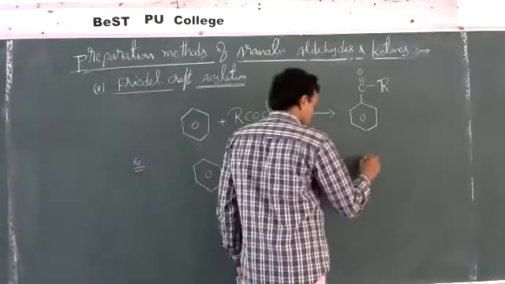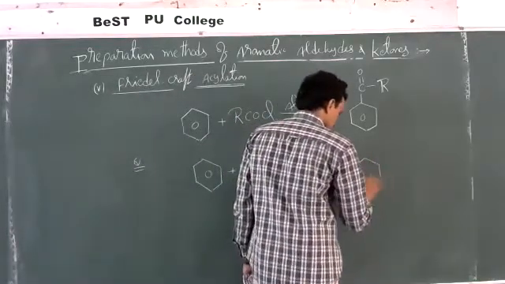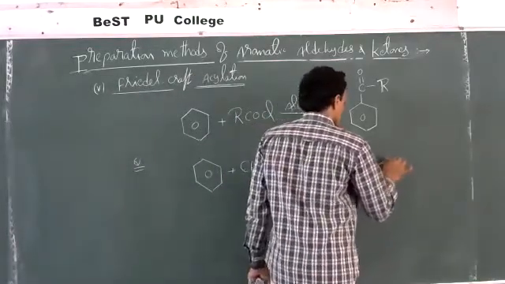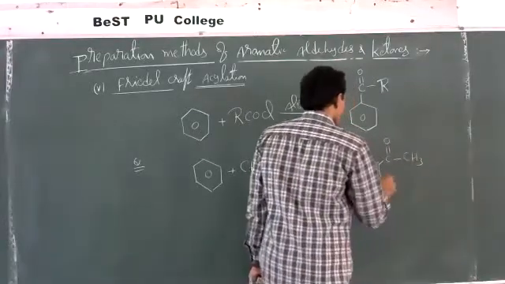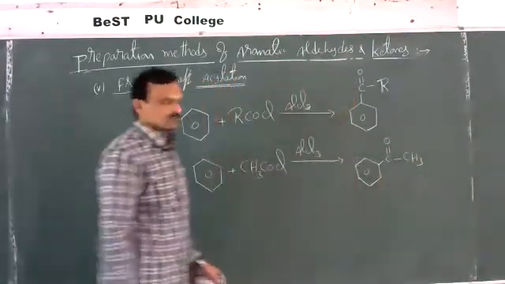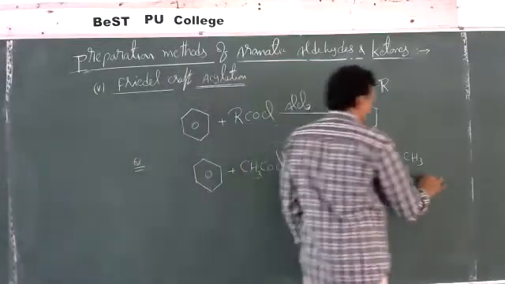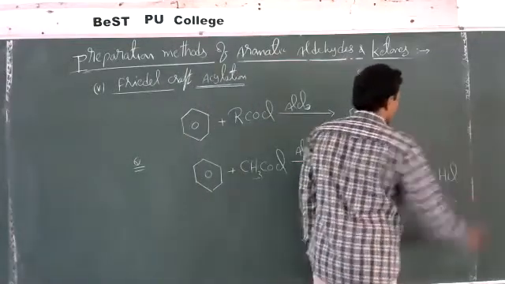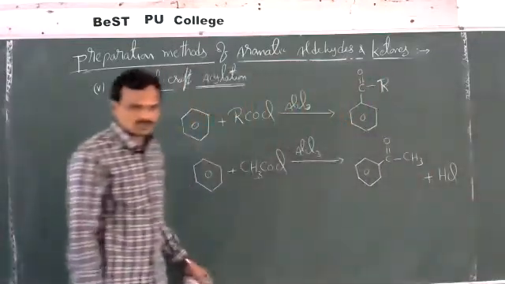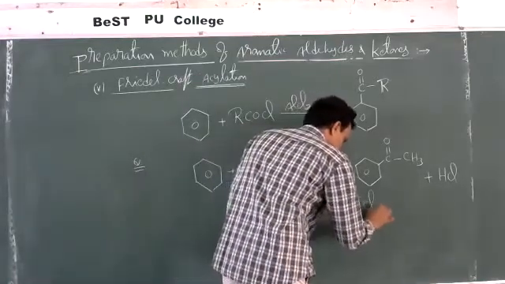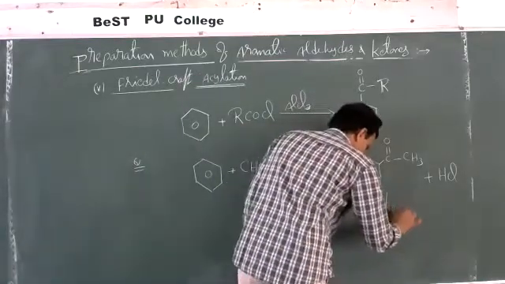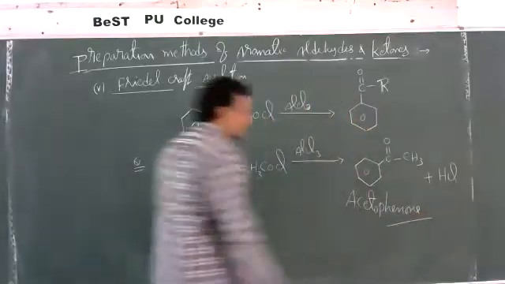Then we get C6H5COCH3, and the replaced H plus and remaining Cl minus combine to form HCl, and this compound is named acetophenone.